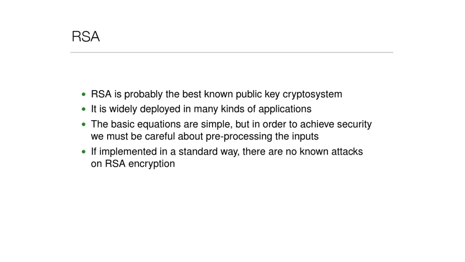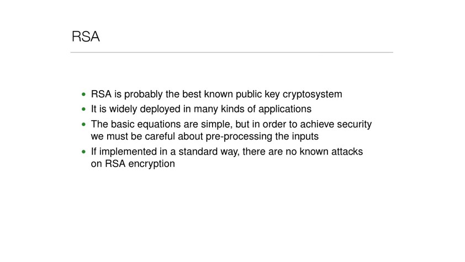Pre-processing means before doing the encryption, we have to do some kind of processing for the input, for the message. In AES, we discussed some kind of pre-processing, like adding padding schemes, padded values, dividing into blocks. So similar things are done in the RSA system to make it secure.